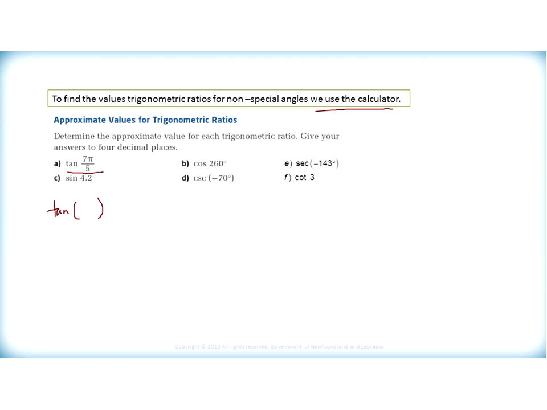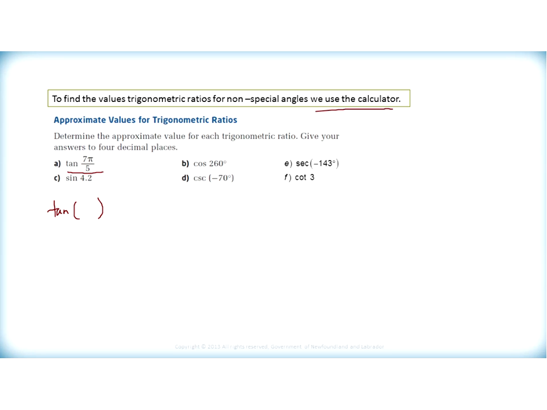If you have to use your calculator, you need to make sure your calculator is in radian mode first. Most of you have a calculator. You want to make sure that you know how to change it from degree mode to radian mode. I'm going to change mine now and place it in radian mode. And I simply do the tan of 7 pi over 5.